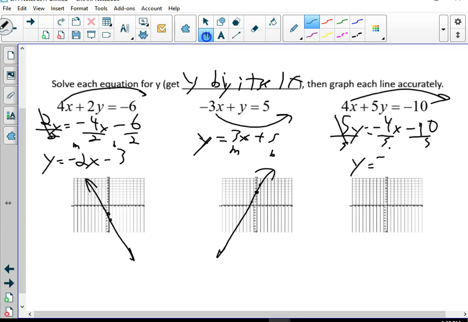Y equals negative 4/5, that's okay, x minus 2. So I'm going to start at negative 2 right here, hard to see, and then I'm going to go down 4, right 5. Or I go up 4, left 5. That's not completely measured out, it's okay, it's a tiny graph.